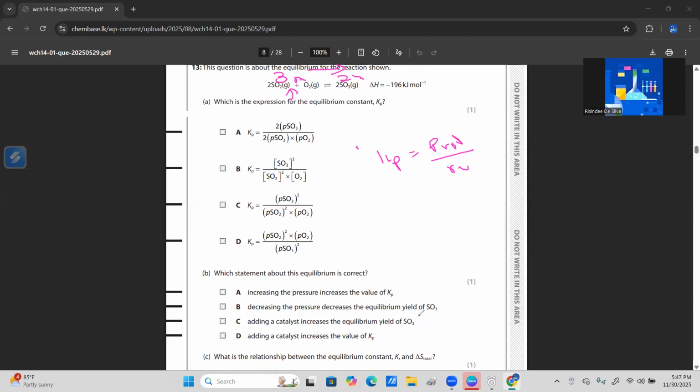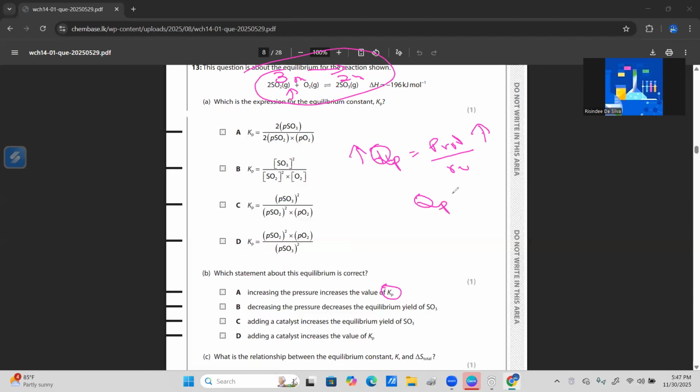Remember that Kp will only change when we change the temperature. Even though at the beginning, when products increase, Kp seems to increase, at that time we introduce it as Qp, the reaction quotient.